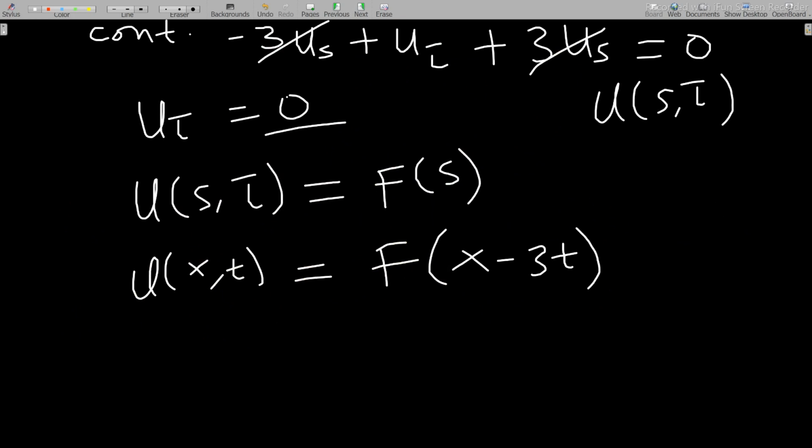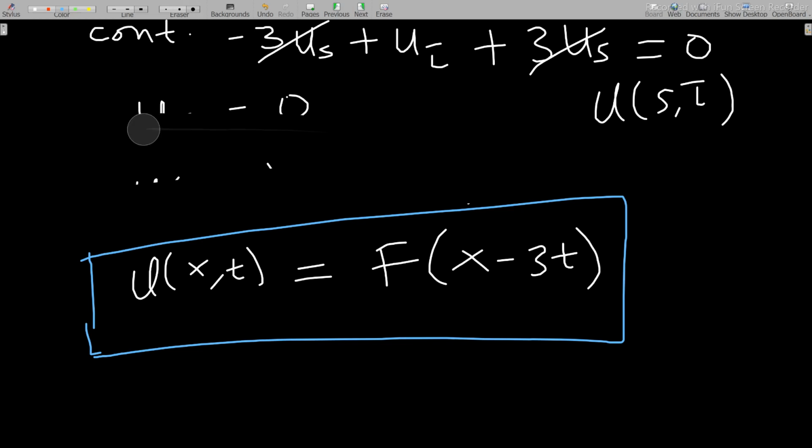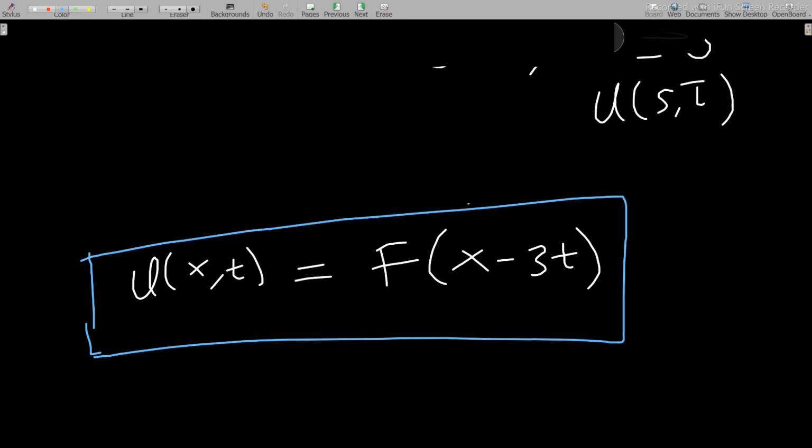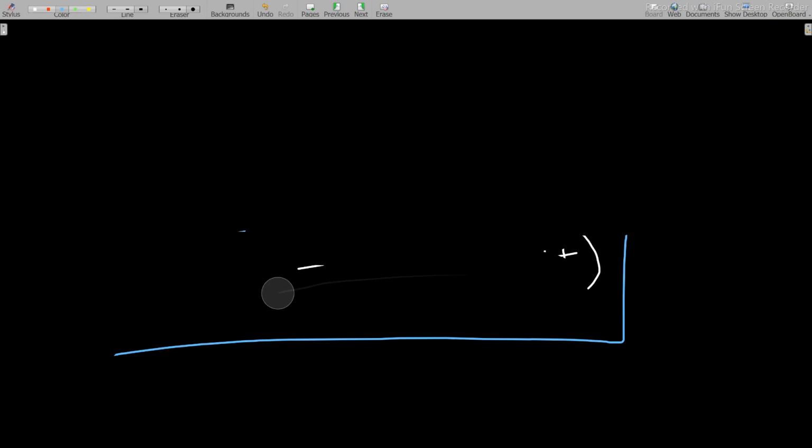Okay, so x minus 3t, and that will be the solution for this. Now this is a general solution for our question, but if you remember, we've been given some initial conditions. Let me write the general solution somewhere, and then come and find a particular solution. I hope you understand this.